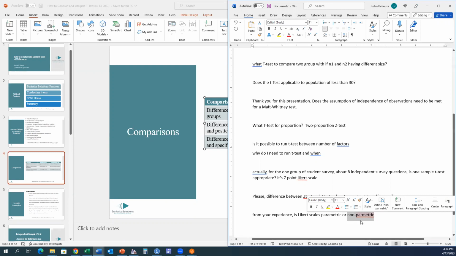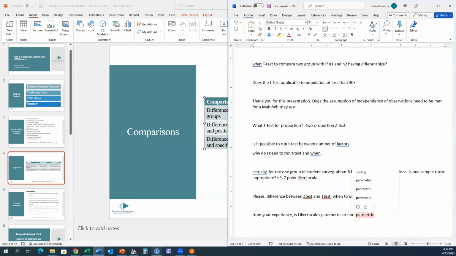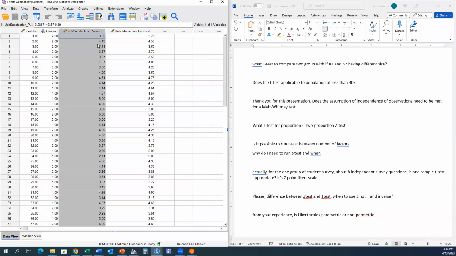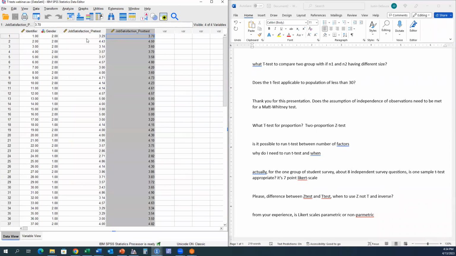which would lead you to run non-parametric analyses. Now, with this example here, job satisfaction was computed from Likert scale questions. There were 10 questions that were averaged together to generate these scores. Once you add or take an average of Likert scale questions, that new variable is continuous.